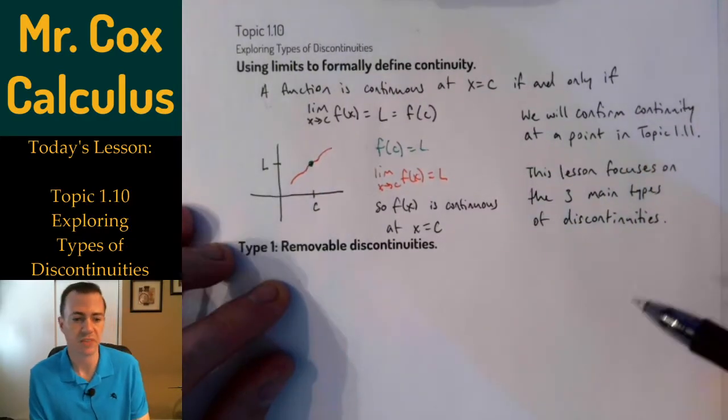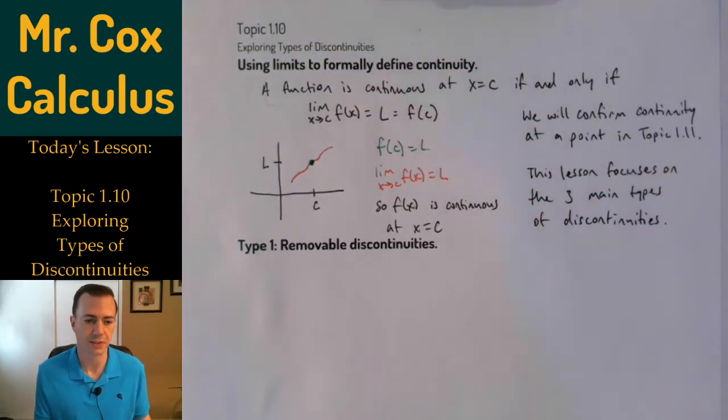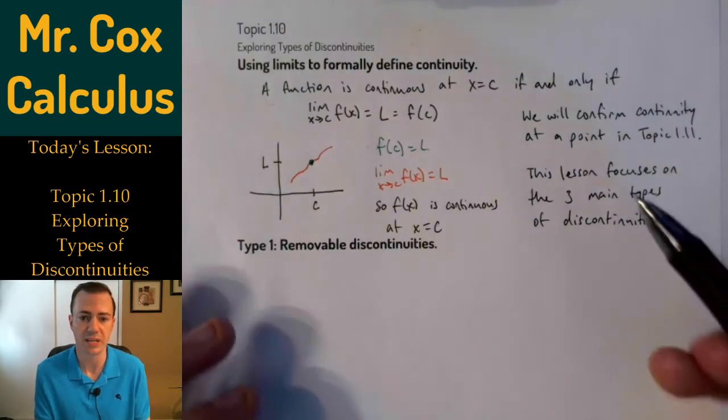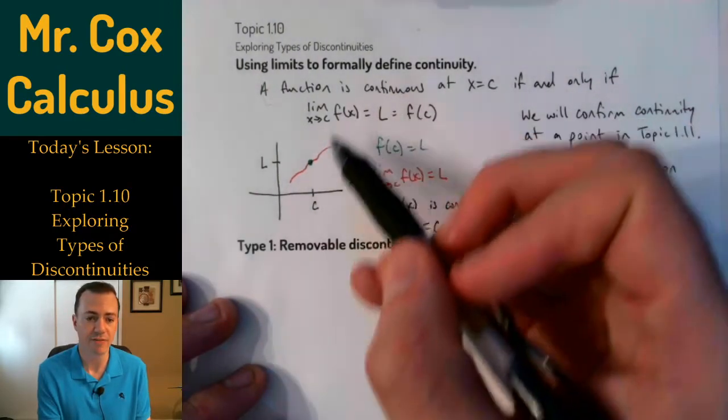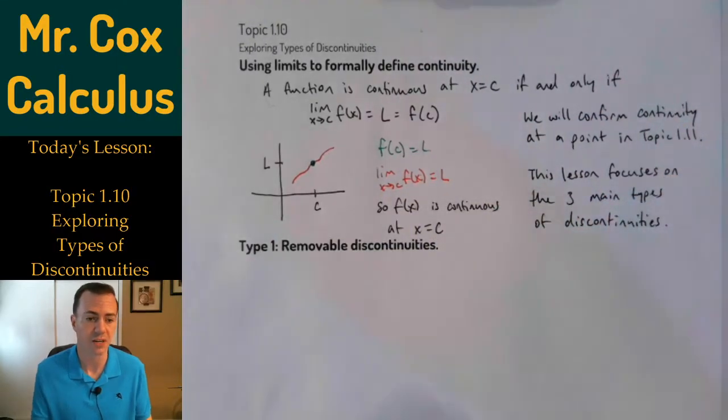You know some of these various discontinuities, whether it's a hole in the graph or an asymptote. And basically we're going to look at three types of discontinuities and describe how they fail this definition in order to describe that particular type of discontinuity.